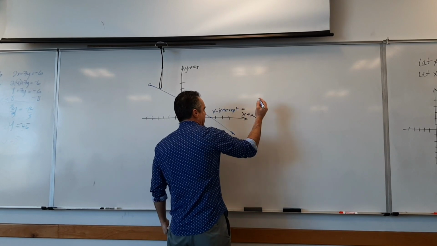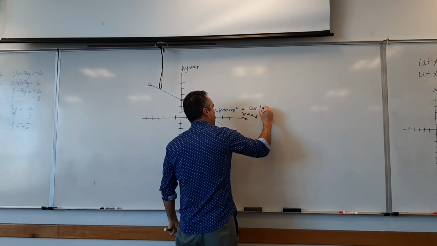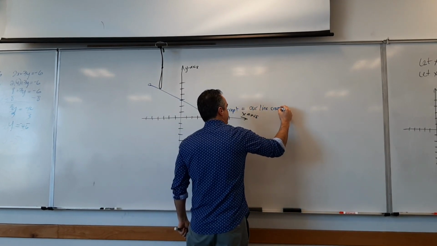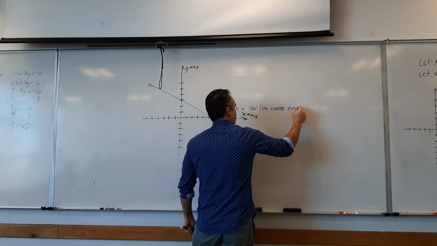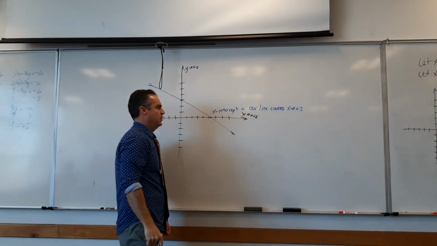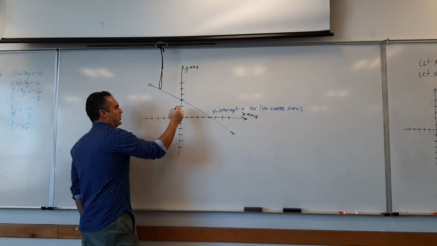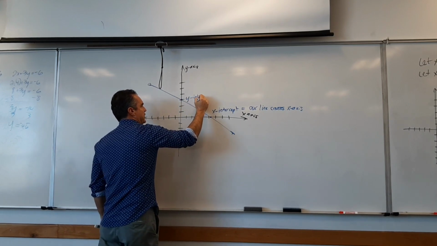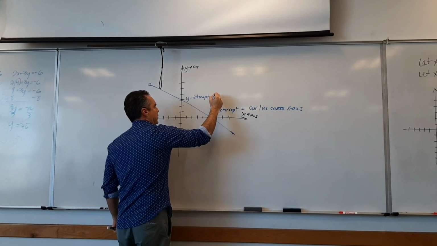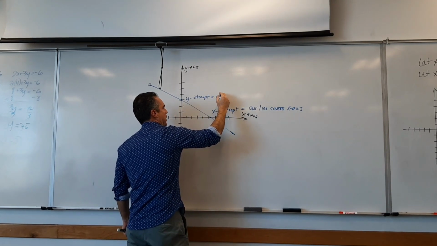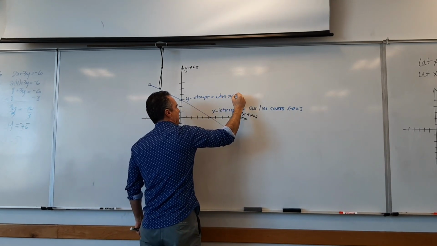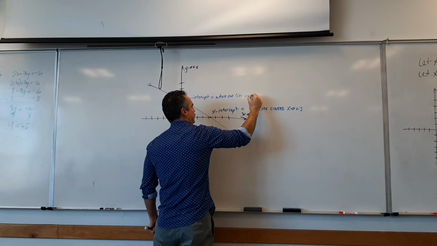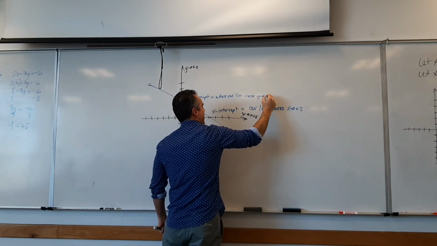So the definition of an x-intercept is where our line crosses the x-axis. Everybody tell me, what's this point called right here then? Oh yeah, the y-intercept. And what's its definition? It's where our line crosses the y-axis.